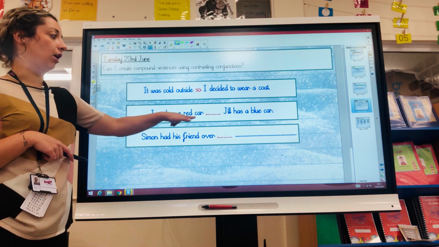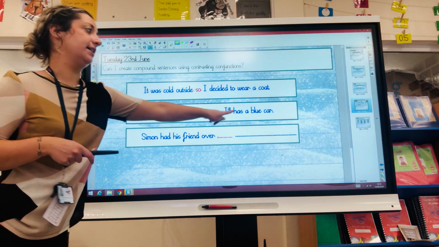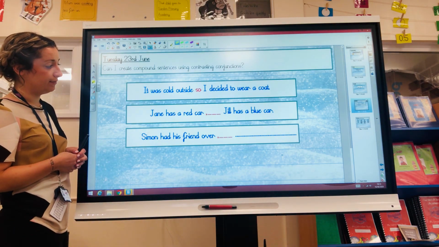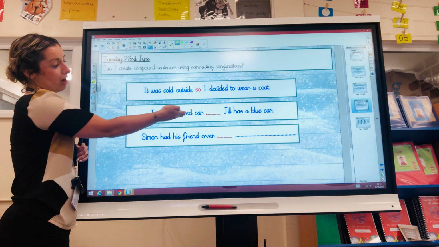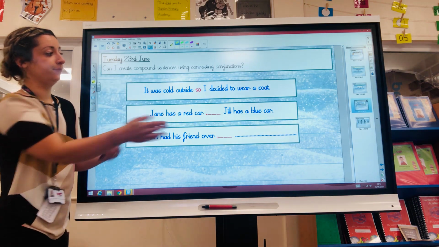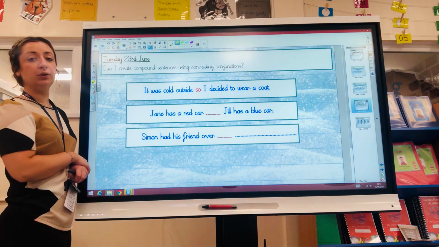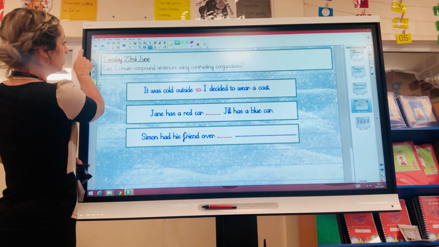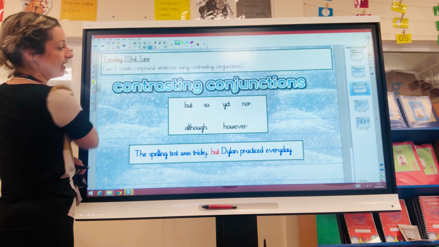Jane has a red car. Jill has a blue car. What could my contrasting conjunction be for that? Now if you're struggling, I'm going to go back and give you a quick look at the word bank that I've got.